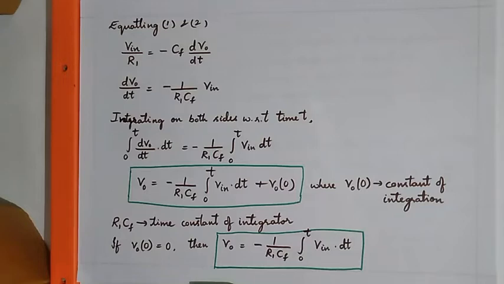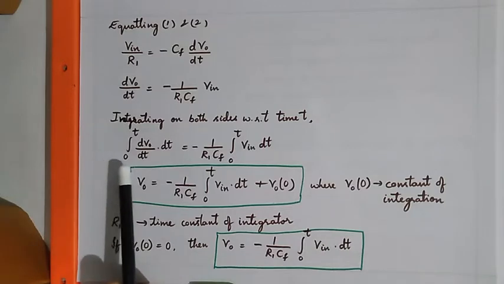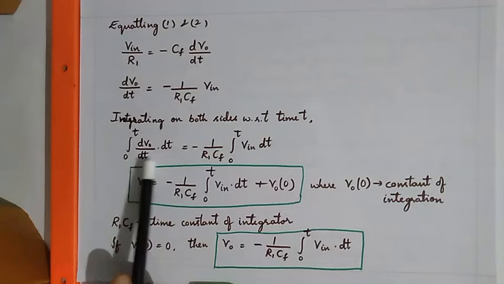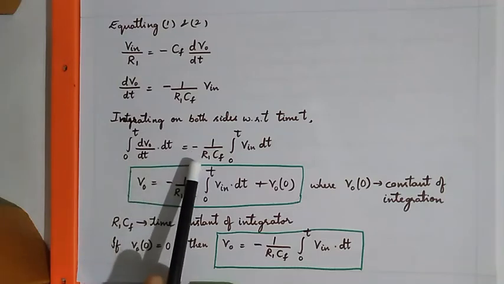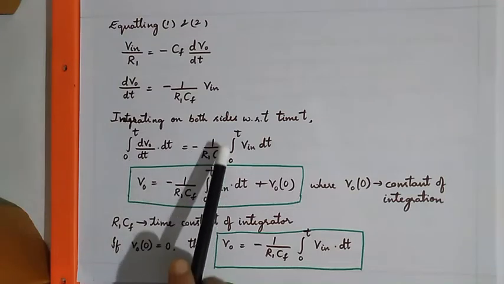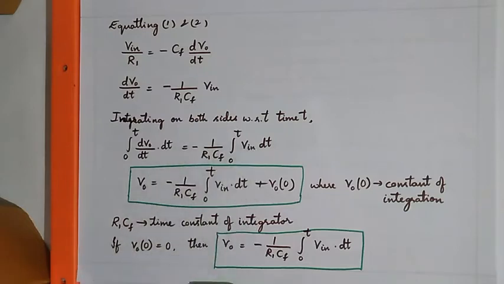Integrating on both sides with respect to t, we have the integral over the interval 0 to t of dV0 by dt into dt equal to minus 1 by R1 CF times the integral from 0 to t of Vin into dt.